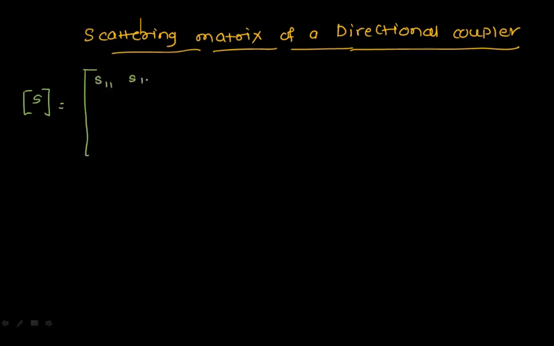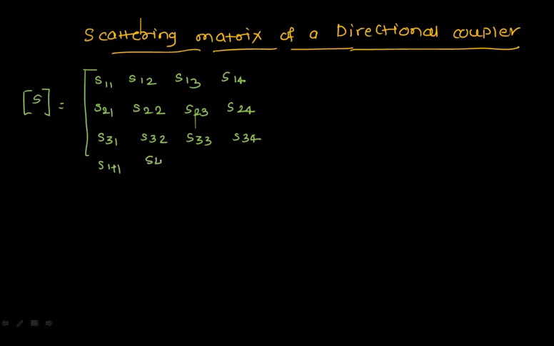So the scattering matrix will be written as S11, S12, S13, S14. Similarly, this will be S21, S22, S23, S24, then S31, S32, S33, S34. Then this will be S41, S42, S43, and S44.